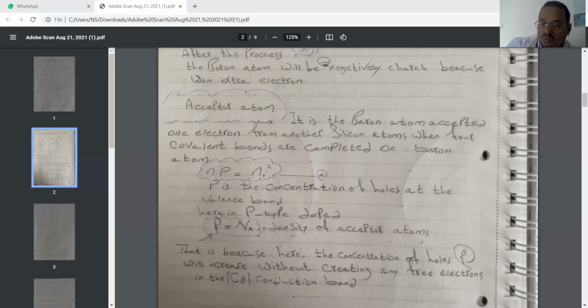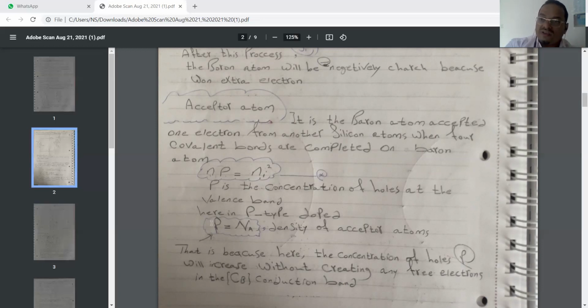That means n will equal ni squared divided by p. At the same time, p equals NA. That means ni squared divided by p equals the concentration of electrons in the conduction band.